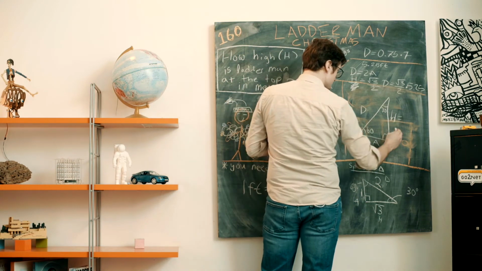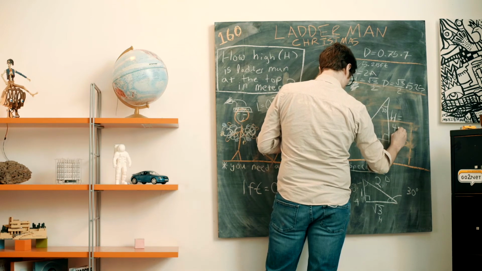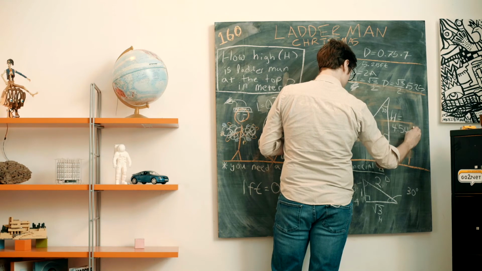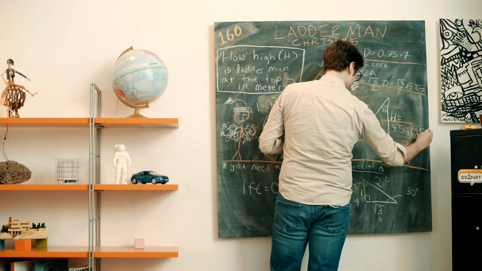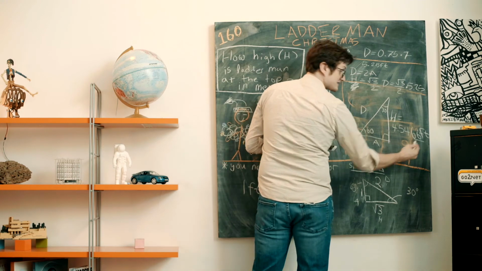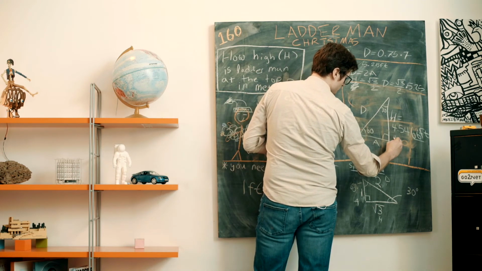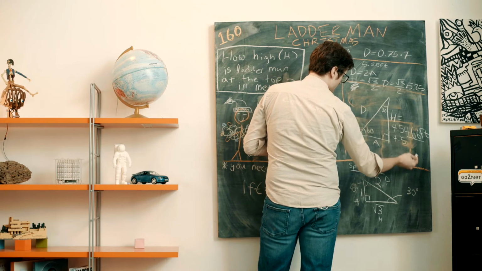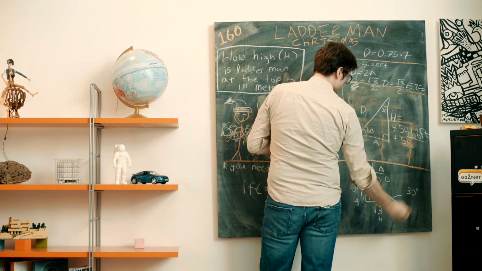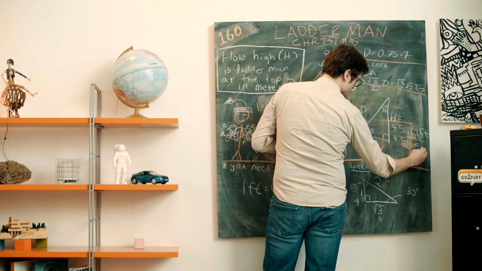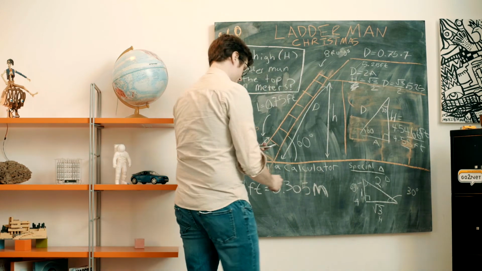So H here is actually 4.5466 feet. I don't really care about the last digits, so to 2 decimal places, we'll say it's approximately 4.55.